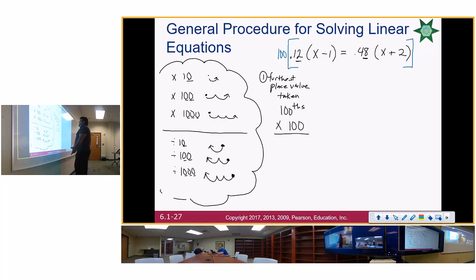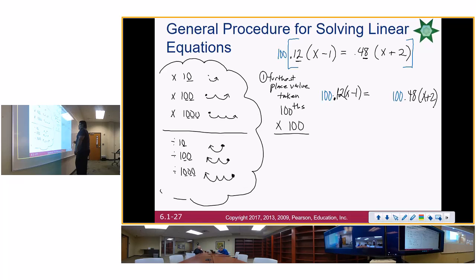Now I'm going to put a baby step in here. 100 and 100 times 0.12 x minus 1 equals 0.48 x plus 2.